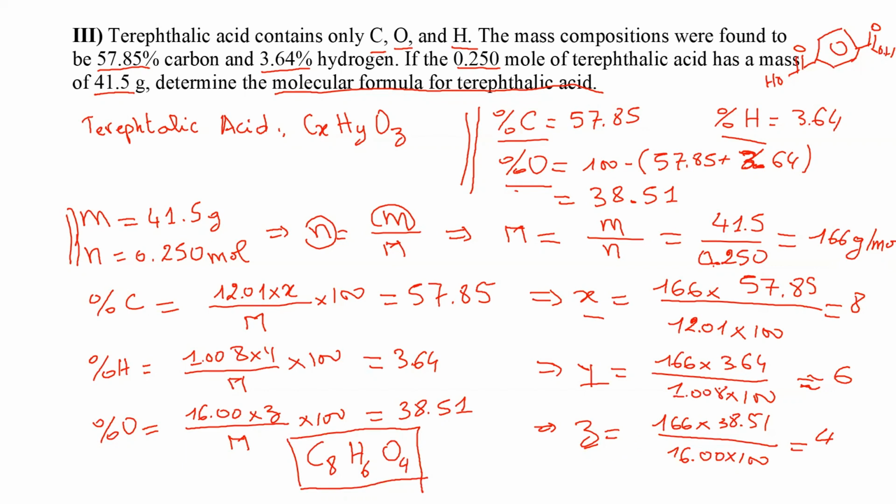We have 1, 2, 3, 4, 5, 6 hydrogen, and 1, 2, 3, 4 oxygen. So this is the formula for terephthalic acid. So here the idea is to again use the relationship between the mass, the molar mass, and the number of mole, and also how to calculate the percentage of any element from a molecule. Okay, and then you can solve this problem easily.